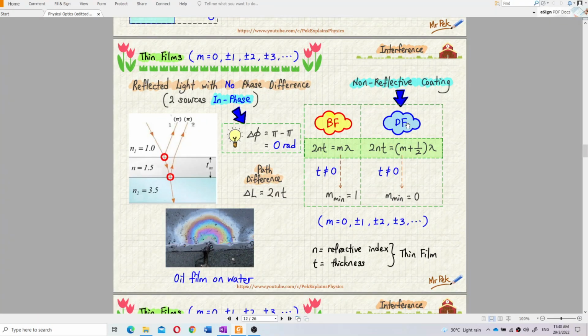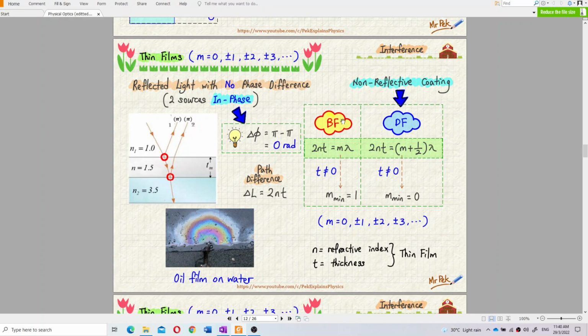Since we are using dark fringe, our minimum order can go to 0. But if you use bright fringe, the minimum order is 1, not 0. If you put m equal to 0 for bright fringe, then the thickness becomes 0, which means the thin film has 0 thickness, which is impossible.